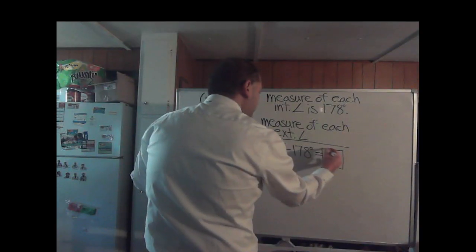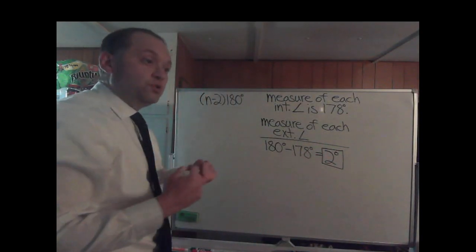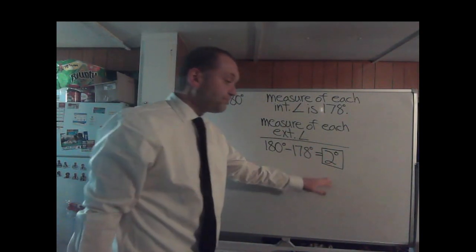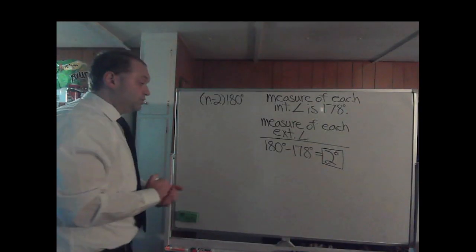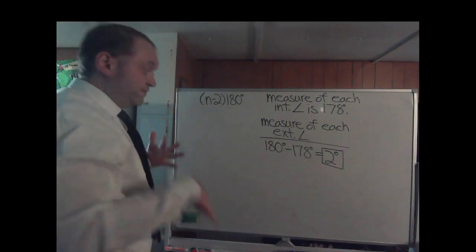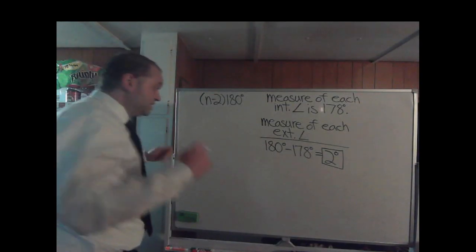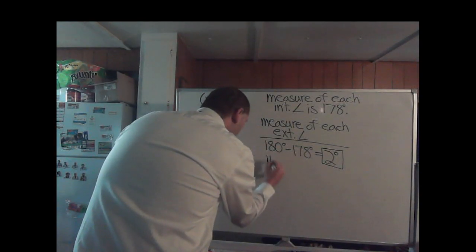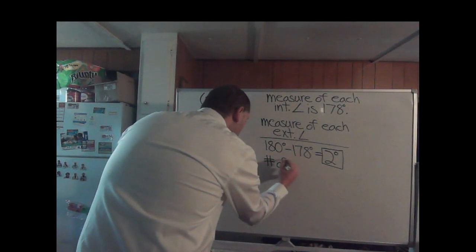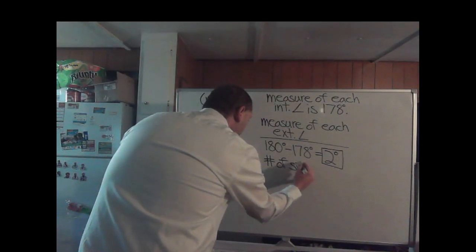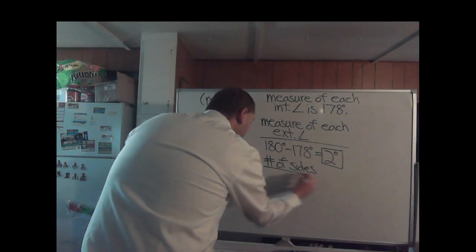So the measure of each exterior angle is only 2 degrees. So we've figured out our exterior angles. Now from here we can find our number of sides. Number of sides is going to be easy.